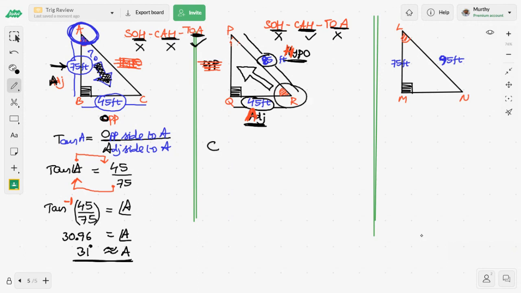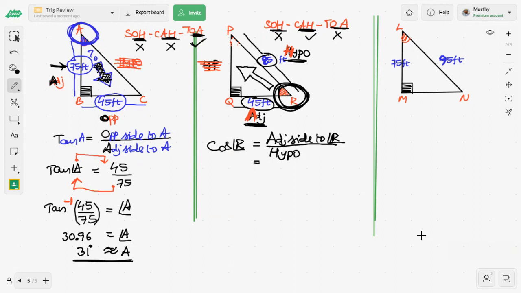So, what's the angle here? Don't forget, this is really very important. So, it is SOH CAH TOA, so CAH. So, cos R equals adjacent side to angle R over hypotenuse.